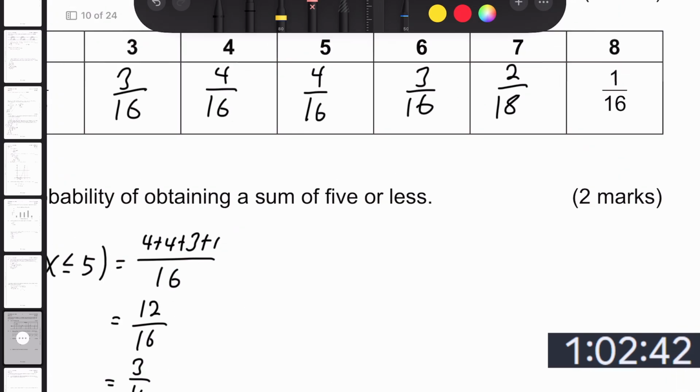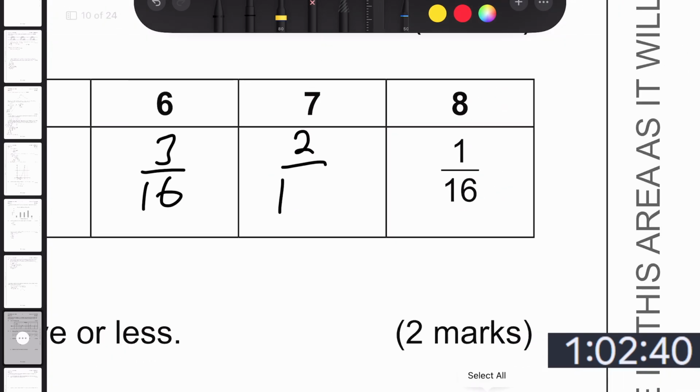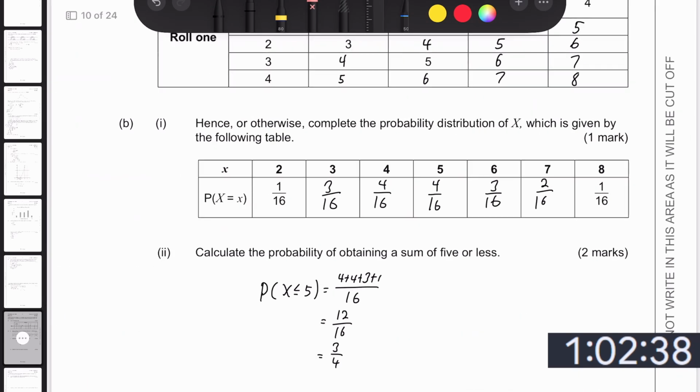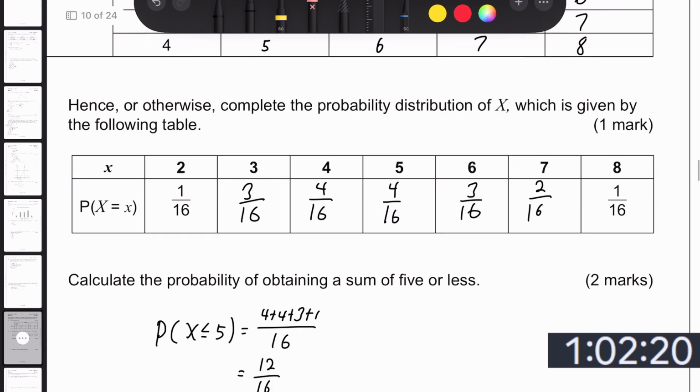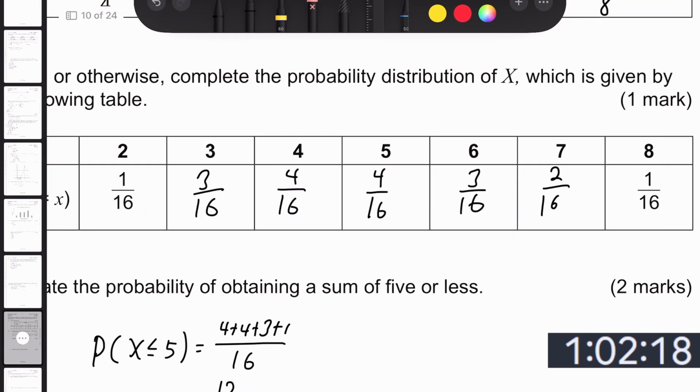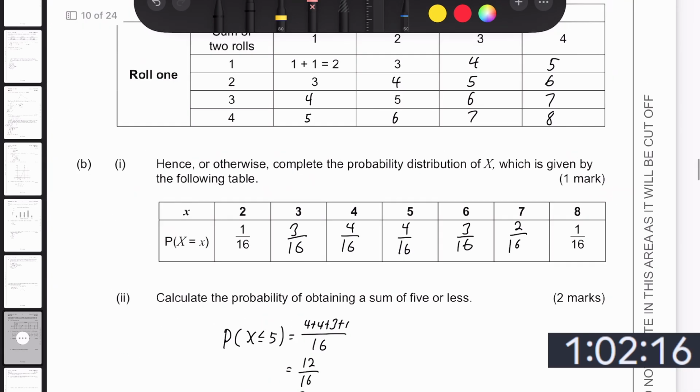Wait. Ah, no wonder. I wrote 18 here. It should be 16. Okay, 2 divided by 16. Those are up to 16. 12. This doesn't add up to 16, does it? 12, 15, 17, 18.